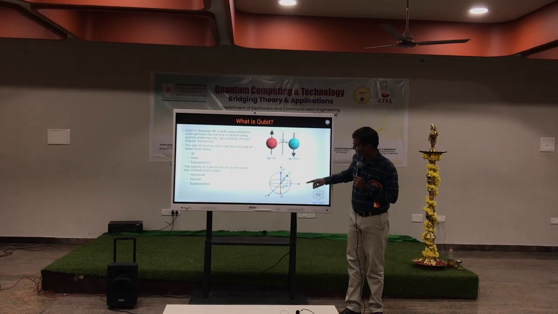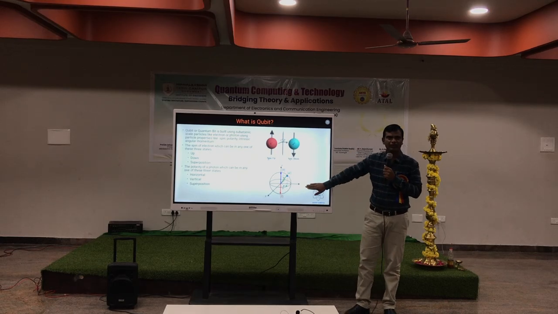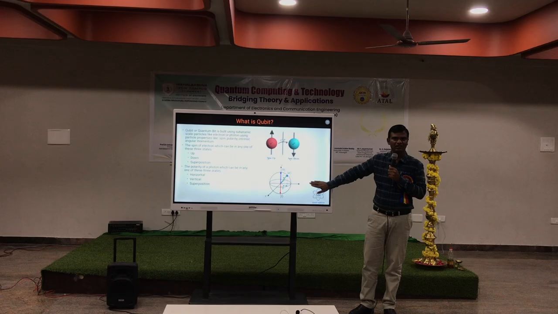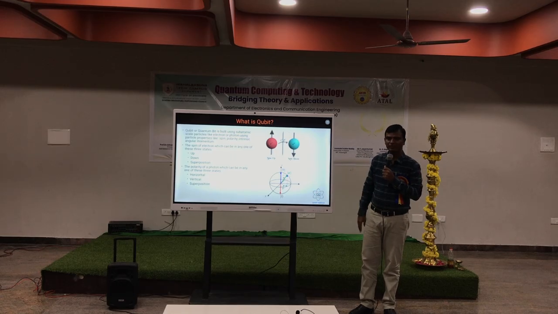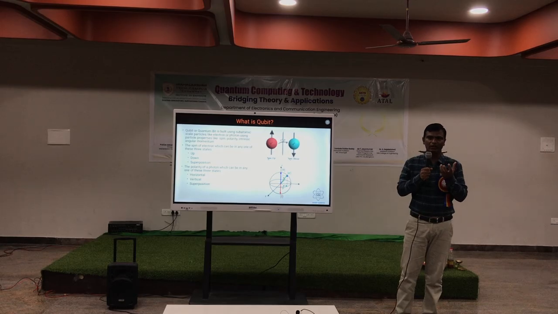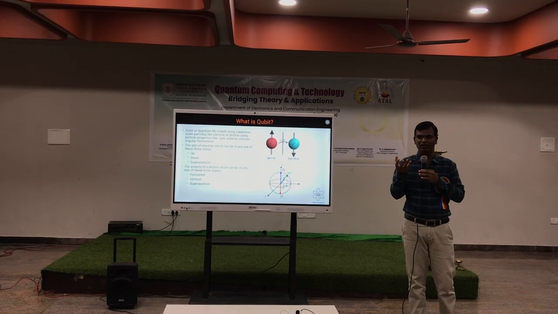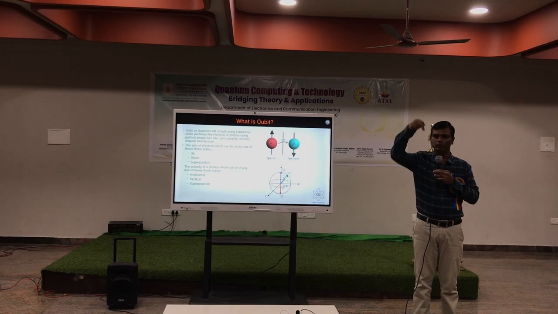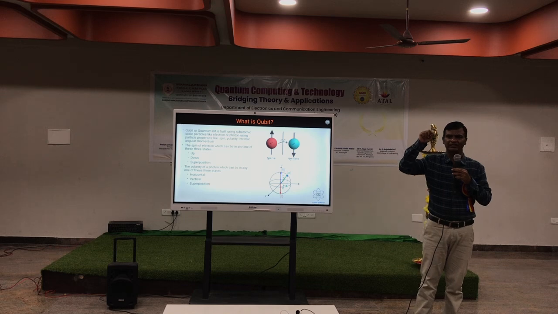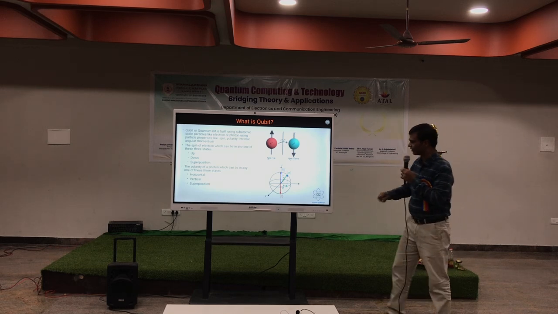And this is the visual representation. How can we visually see these qubits? You can represent a qubit graphically as a sphere, just like a ball, having a south pole and a north pole. The south pole points to the state 0 and the north pole points to the state 1.